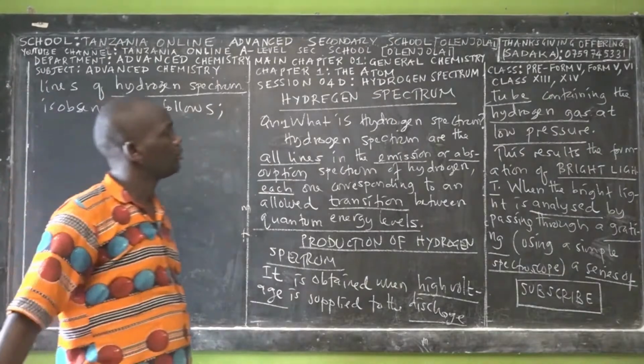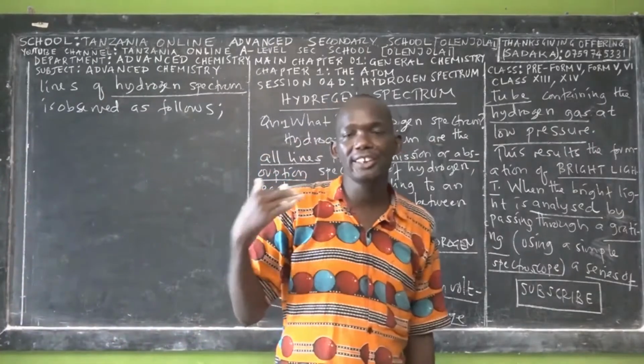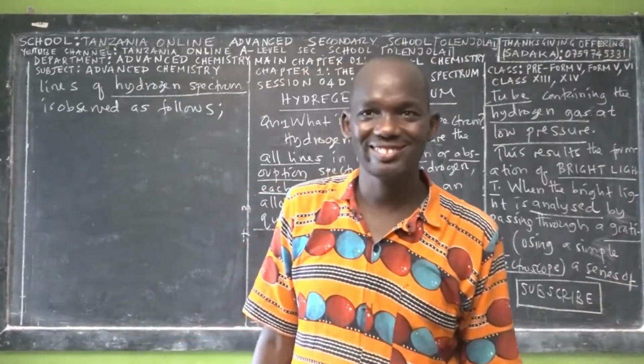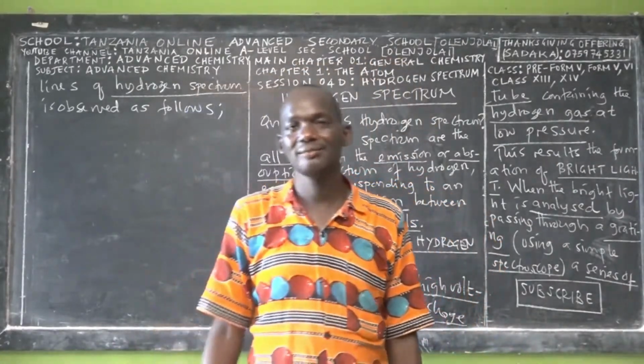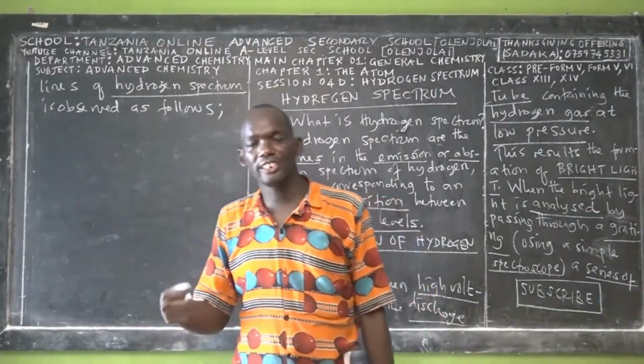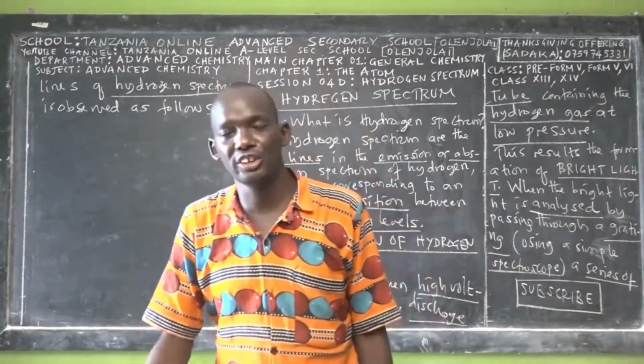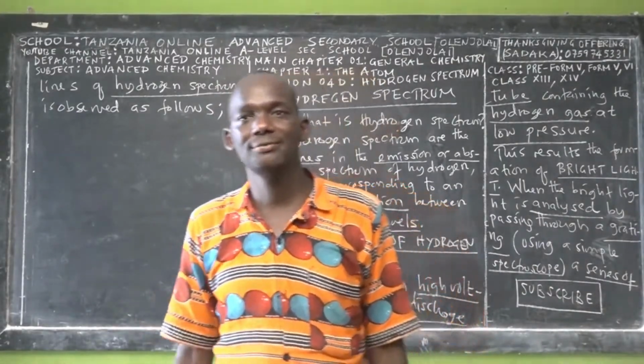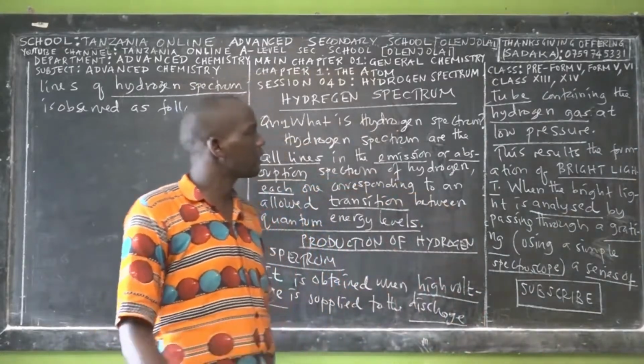So when we take a high voltage of several kilovolts and pass it into the discharge tube containing hydrogen gas at low pressure, we get bright light.